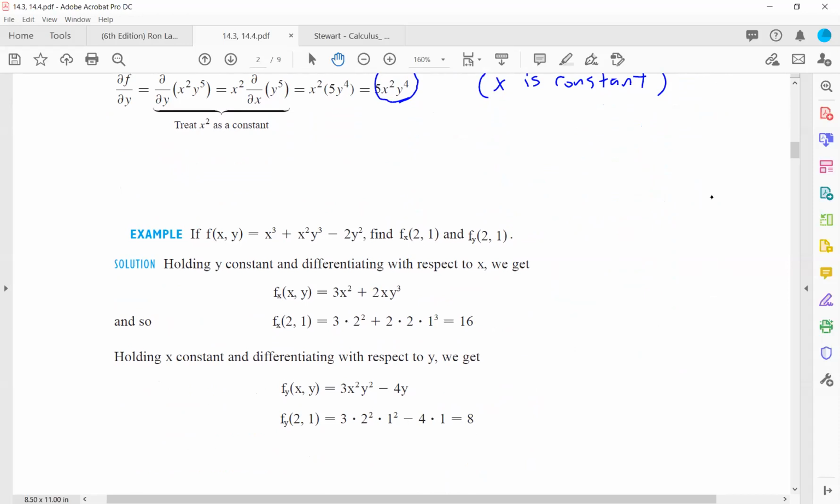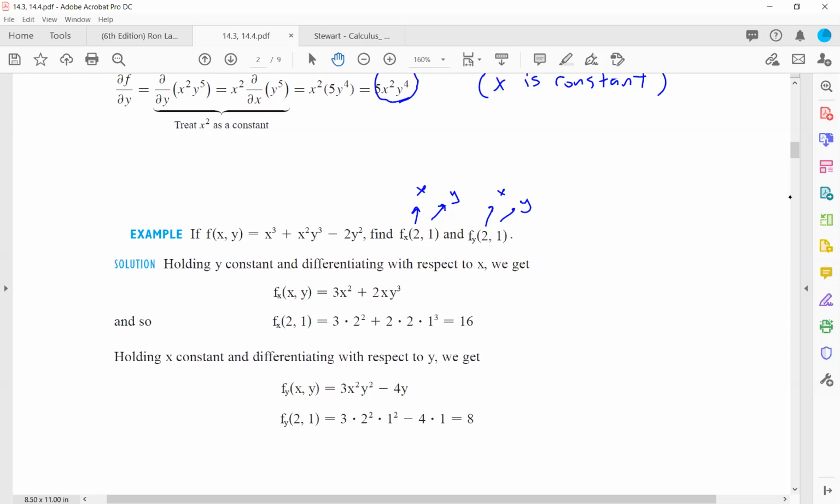The question says, first of all, find the partial derivative of the function with respect to variable x, then plug in 2 for x and 1 for y. Then it also says, find the partial derivative of function f with respect to variable y, then plug in 2 and 1. So first, we take the partial derivative, then we plug in the values.